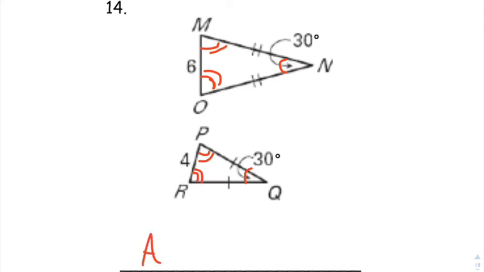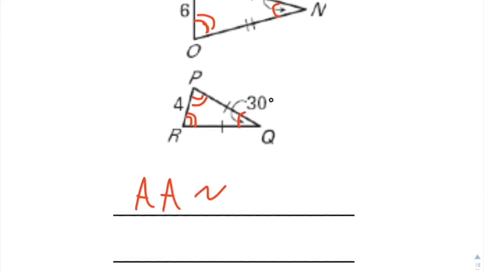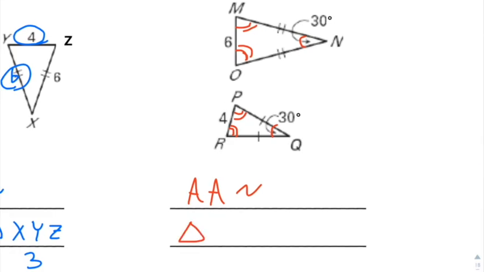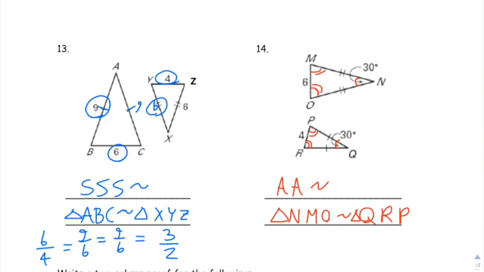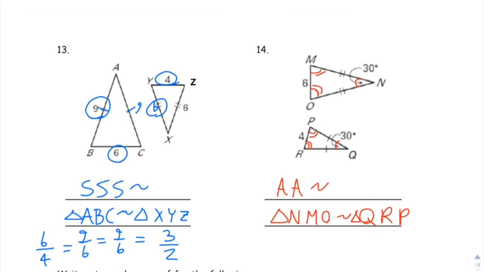So with these, you can say angle-angle similarity, and we'll go triangle NMO is similar to triangle Q, and then P and R are both congruent, so it doesn't really matter on the order. You can change it up there if you want. And that is it there.